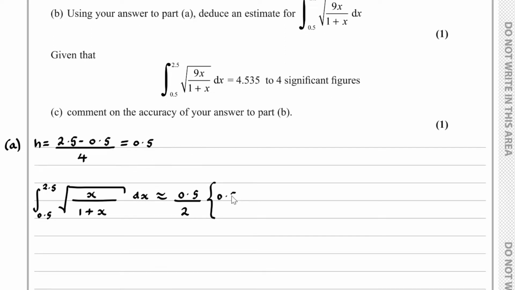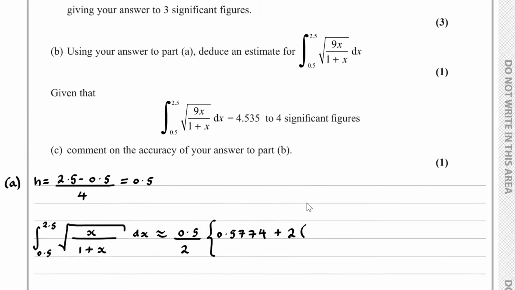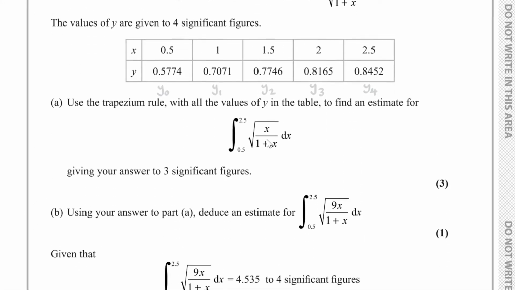So we have 0.5774 plus 2 lots of the middle y values.